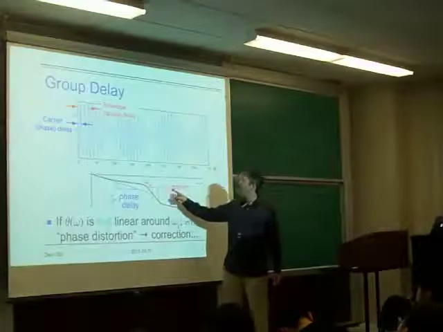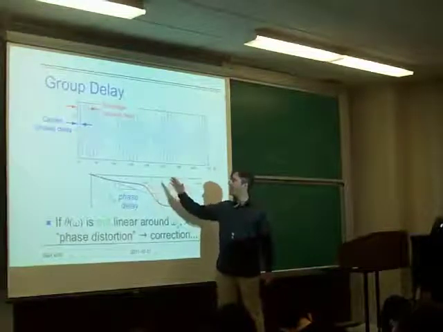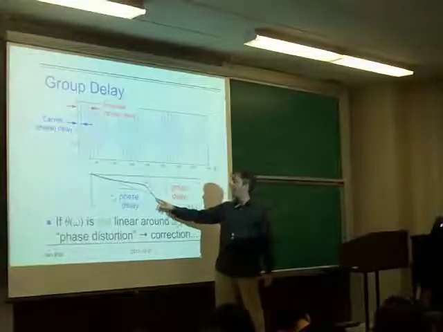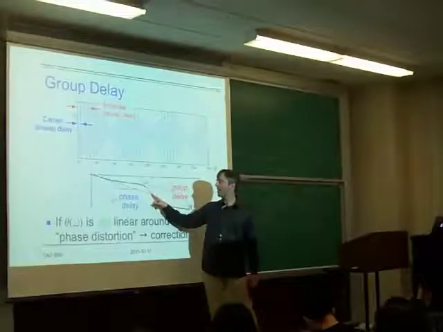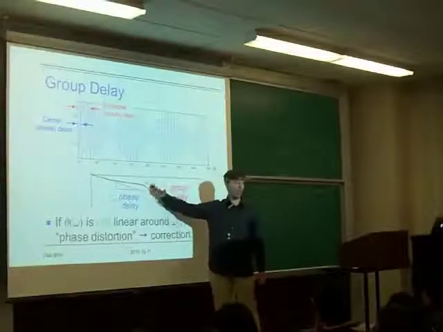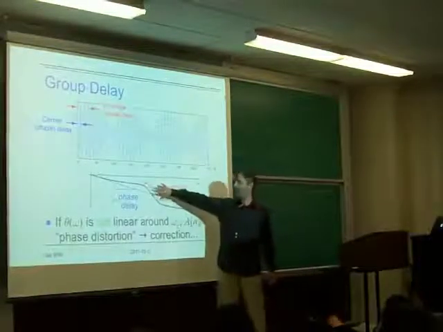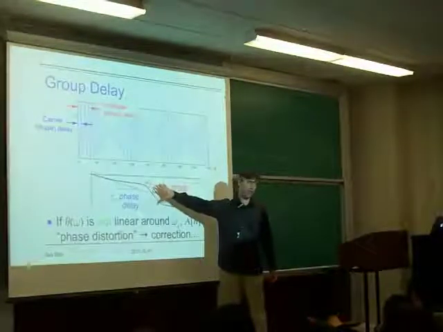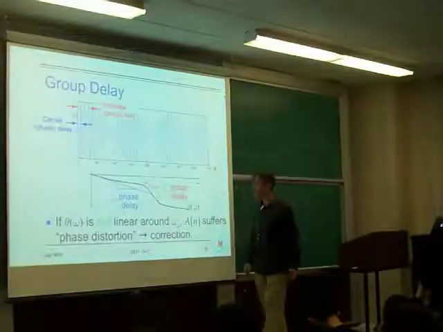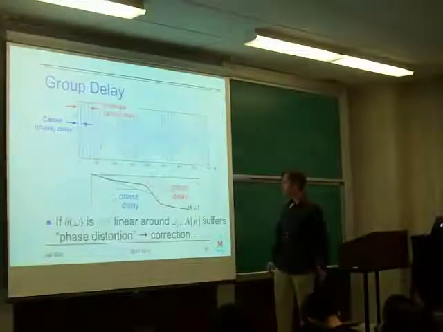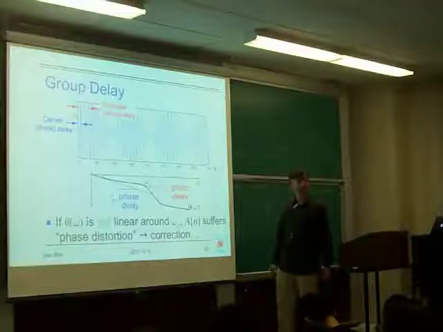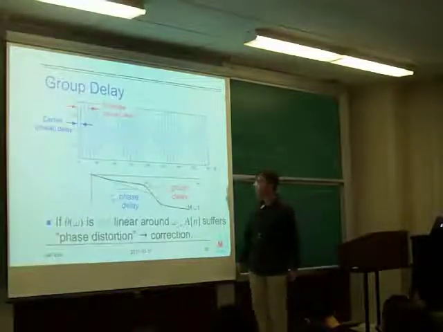But the group delay, the phase shift shown by the envelope, doesn't depend on where this is. It just depends on how rapidly this is changing, on the slope of this phase function at this frequency. And clearly, you can imagine building phase functions that vary those two things independently. So we can have different group delay and phase delay.